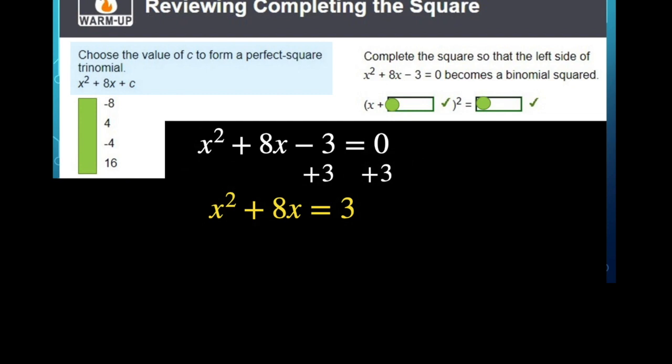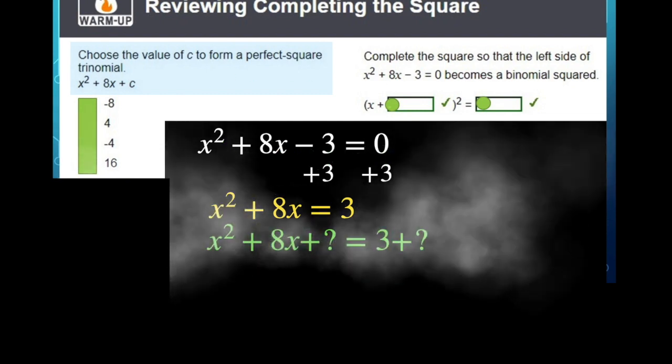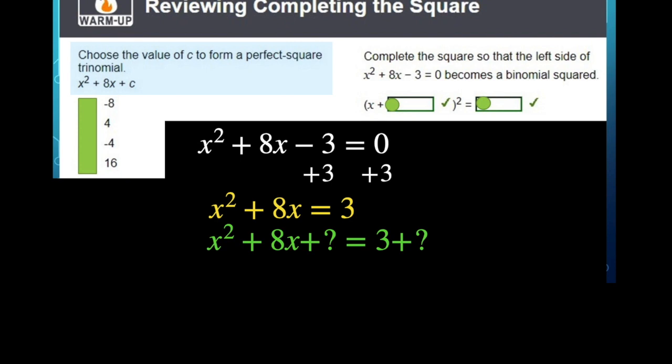Now I need a new constant behind that 8x, so I'm going to have to figure out what that question mark is, and then to keep the equations equal, I'll have to add that to both sides of the equation. You can always do that in equations, add or subtract or multiply or divide, as long as it's by the exact same amount. In this case, I need to come up with the number that will make x squared plus 8x plus that number a perfect square trinomial, and 16 is that number.